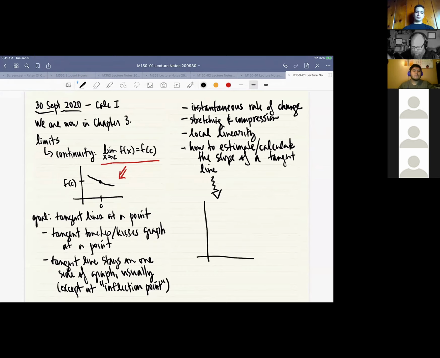So when you have a function, a graph of a function, y equals f of x, and you've got a point in the domain, that gives you an ordered pair on the graph. And when you want to know what the tangent line is at that point, I'm going to sketch it.